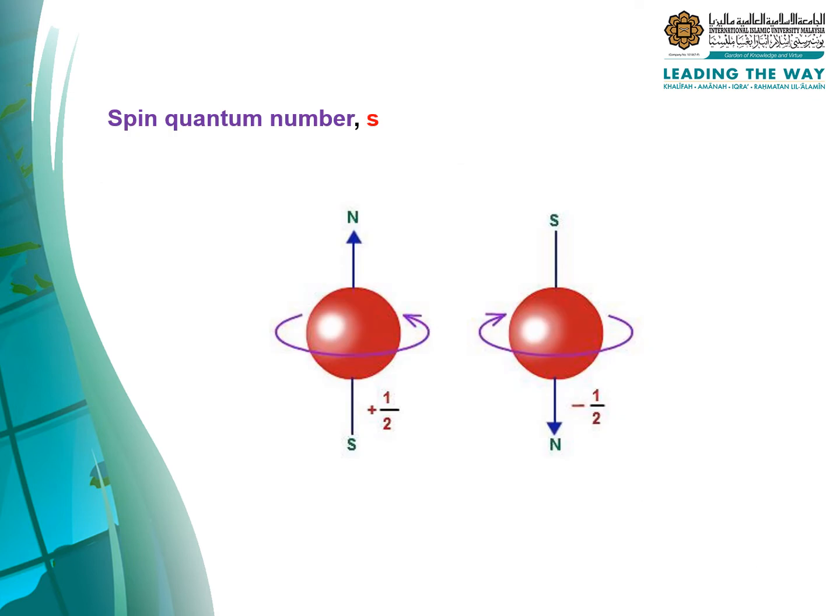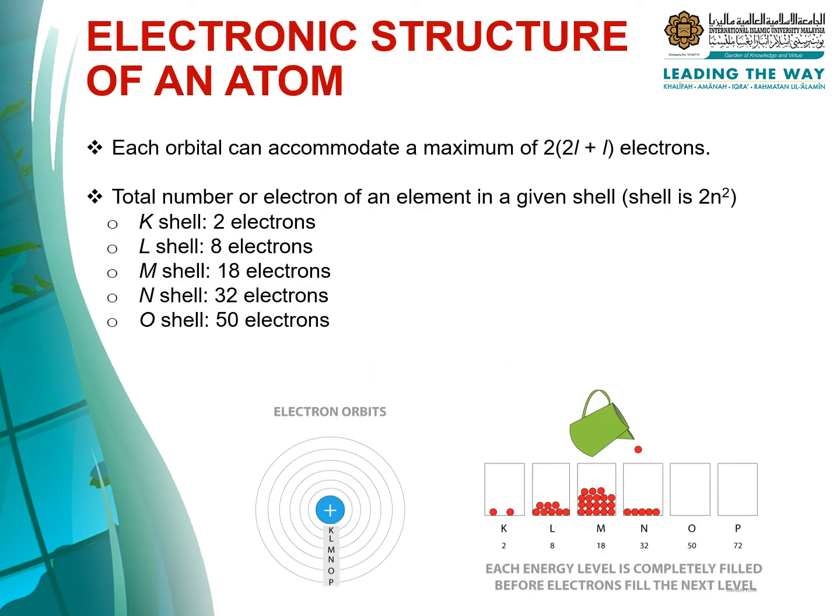Spin quantum number, or s symbol. The spin has clockwise or positive, or counterclockwise or negative. Each orbital can accommodate a maximum of 2 electrons, and the number of electrons in a given shell is 2n squared.